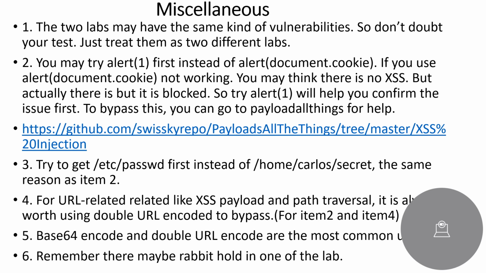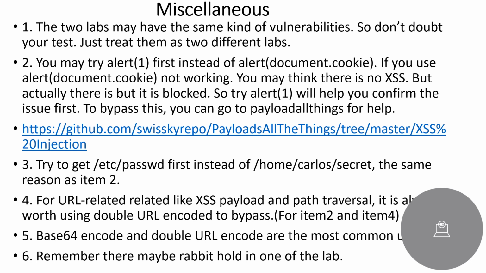The third one is that when you want to get the secret of the characters, in this way, I also would suggest you first try to get the normal etc/passwd in a Linux system instead of getting the characters secret directly. The same reason as the second one, because sometimes you will find that there are some limitations. There's some blacklist to block you from getting the characters secret directory.